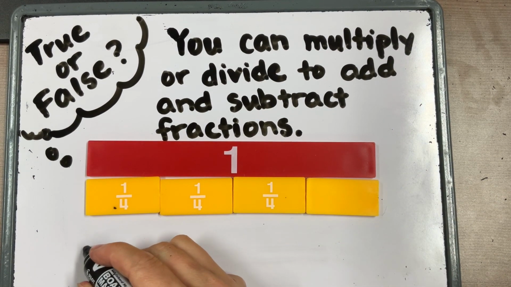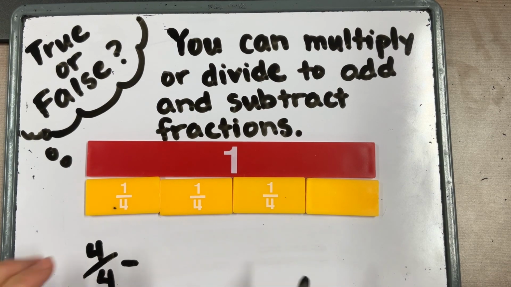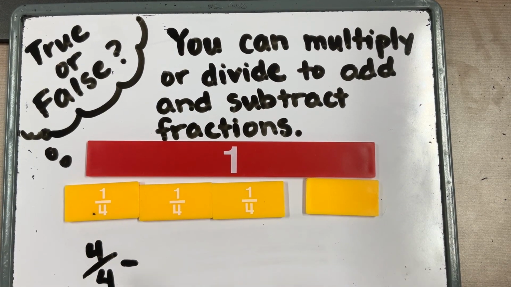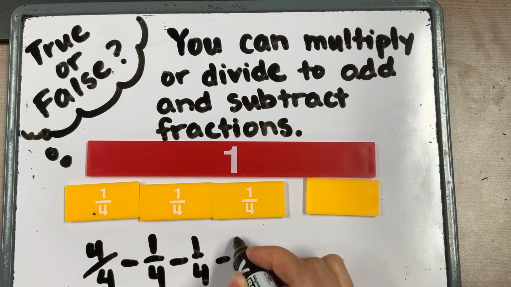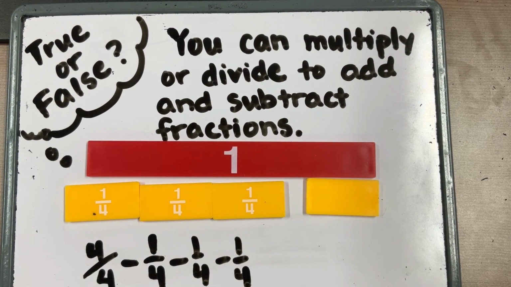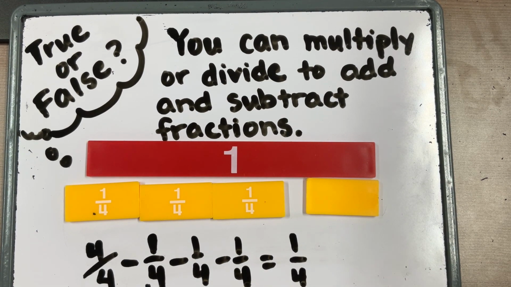I have 4/4, and I'm going to take away 1/4, 1/4, and 1/4. Then I know I have 1/4 left because I took away, really, this is 3/4. Did I divide somehow? Pause and discuss.